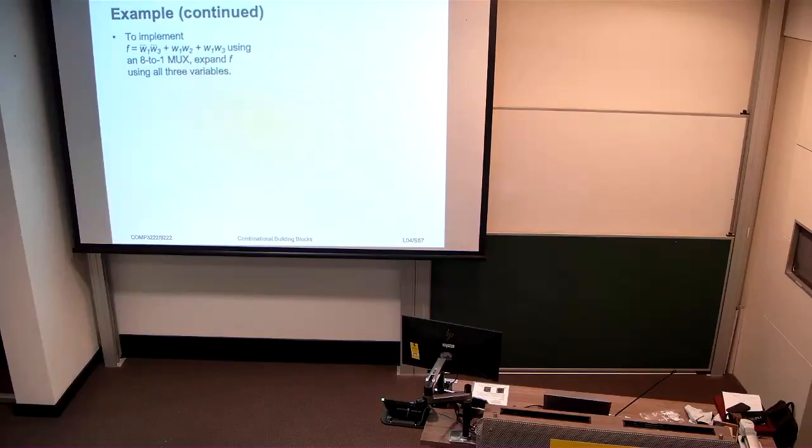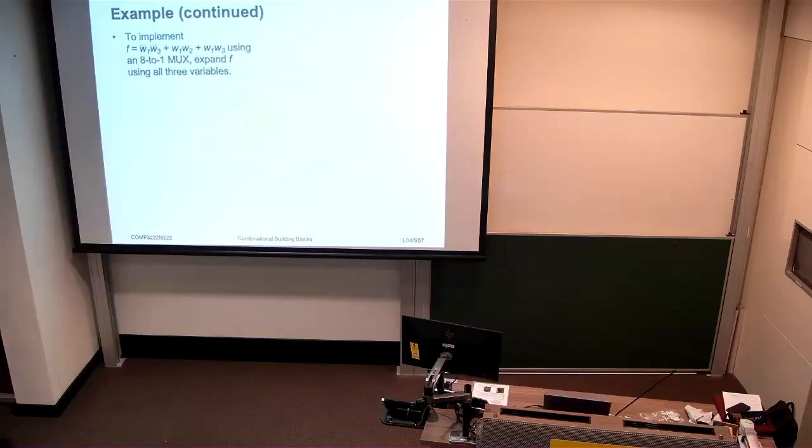So obviously the first minterm 0 and minterm 2 are covered there. This guy covers minterms, what is it, W1, W2, not W3, which is minterm 6, and W1, W2, W3, which is minterm 7. So 6 and 7 are going to have a 1 associated with them.